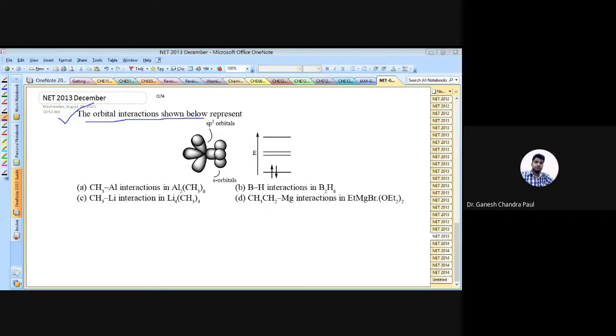The first one is the methyl aluminum interaction in the aluminum hexamethyl compound, or the boron hydrogen interaction of the diboron molecule, or the methyl lithium interaction in the tetralithium tetramethyl compound, or the ethyl magnesium interaction in the ethyl magnesium bromide compound.